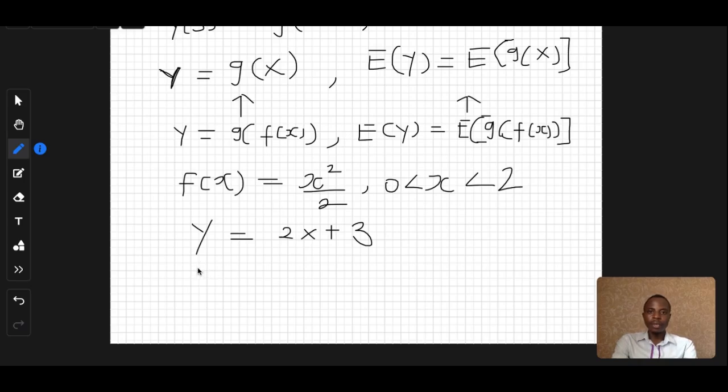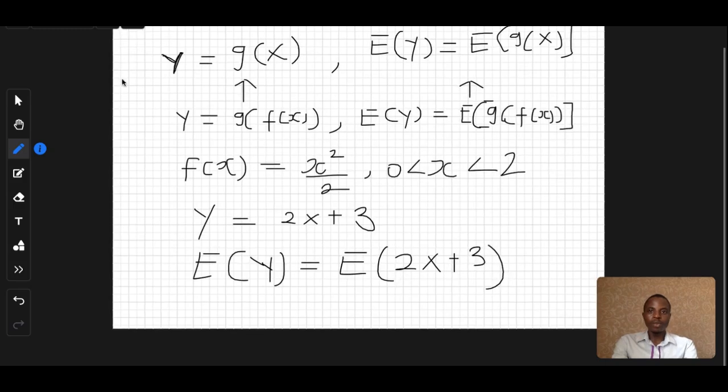So I said Y is a function of X, a function of this random variable. So when we want to find the mean, what we are going to do is the expected value of Y will now become the expected value of 2x plus 3.